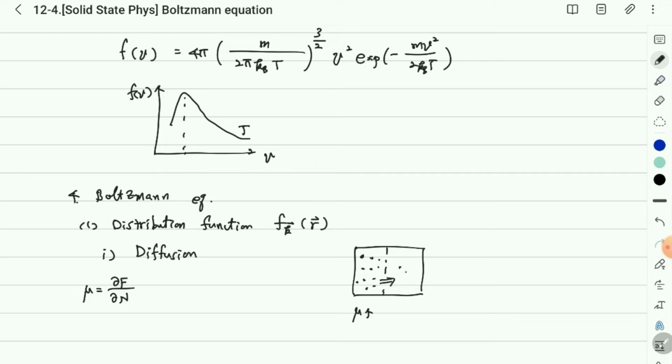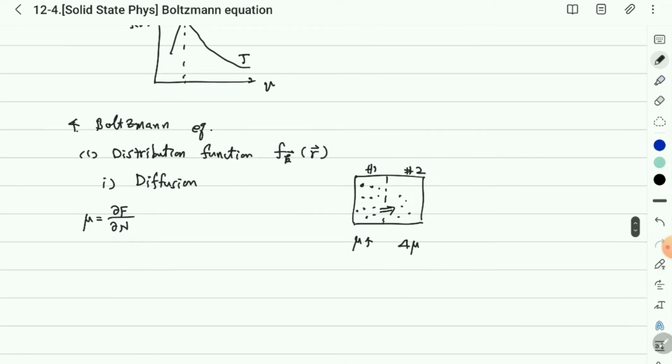The first room has a very high chemical potential and the second room has a very low one. Therefore there is a chemical potential difference, and this difference makes the particles diffuse. In this case, the distribution function varies with time.